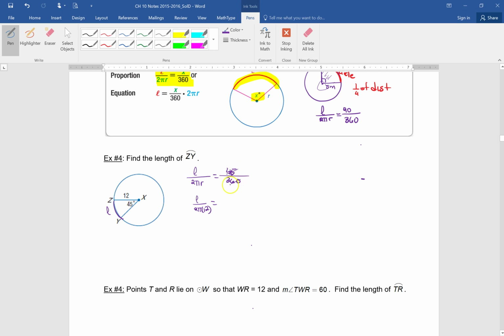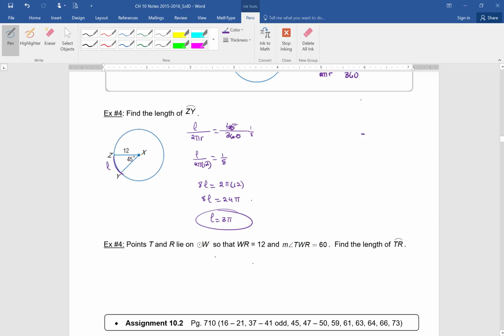How much is it? It's 1/8. Okay? And now 8L, when you cross multiply, is equal to 2 times pi times 12, meaning 8L is 24 pi. So L is 3 pi. Okay? So if you're asked for the exact answer, that's what it is. It's 3 pi.